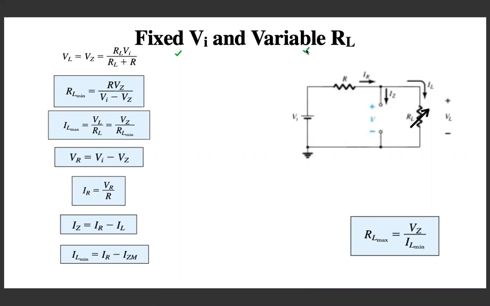Now we will try to calculate the range of load resistance in which it can fluctuate so that the Zener diode is on. For that we have used a variable load resistance here and one fixed input voltage Vi right here.